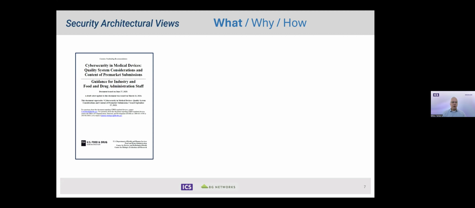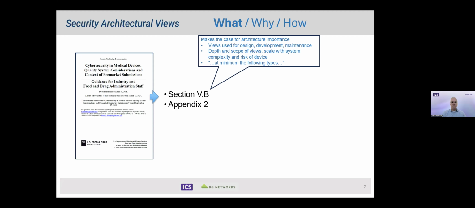The guidance has two main sections on this. The first makes the case for architectural ownership by the manufacturer. It covers the views used for design, development, and maintenance. The depth and scope of the views should scale with the system complexity and risk of the device, as is normal for risk management.